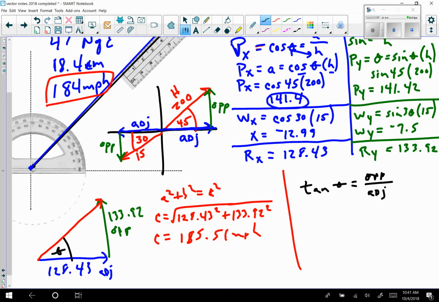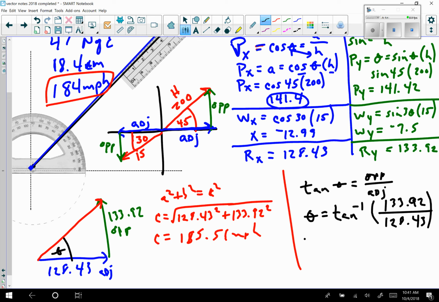All right, so in order to find the angle, I got to get that tan to the other side, so I'm going to take the inverse tangent. So you hit the negative one tan button. Well, the opposite side's the green, so that's 133.92. Golly, that looks horrible. And divide that by the adjacent side, which is 128.43.